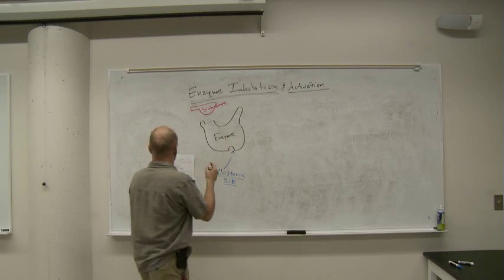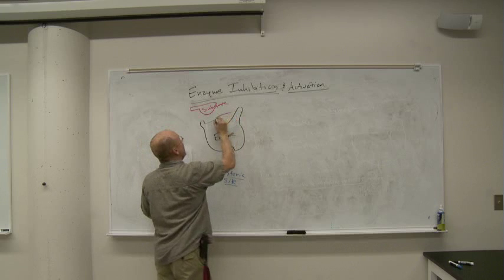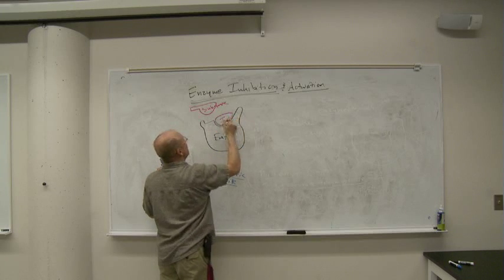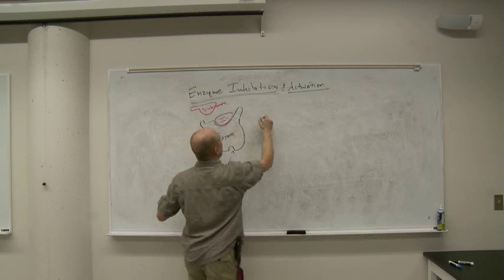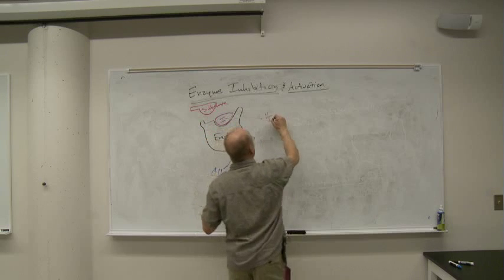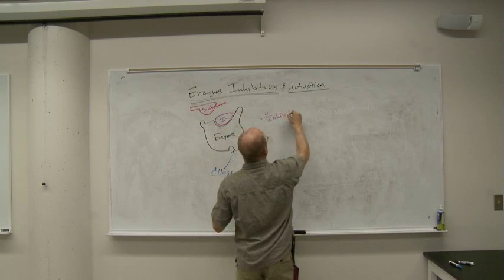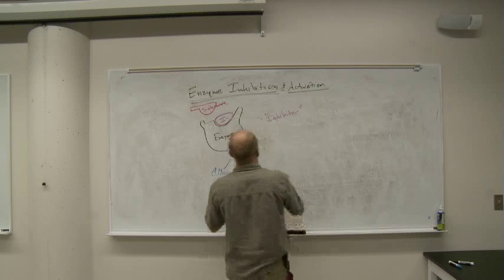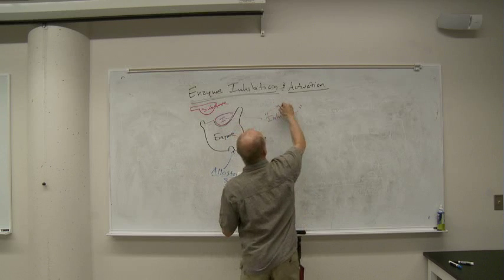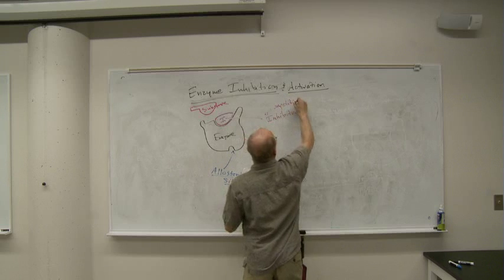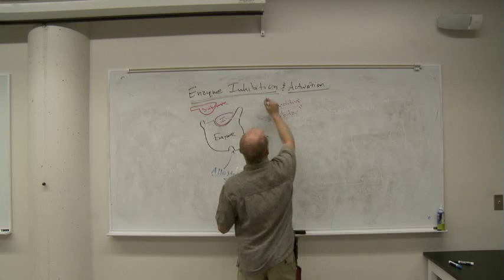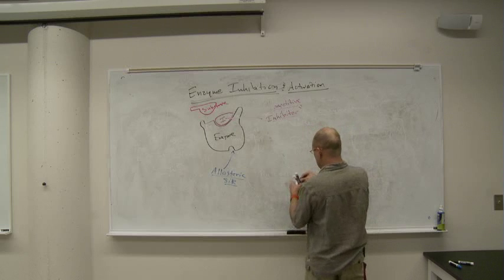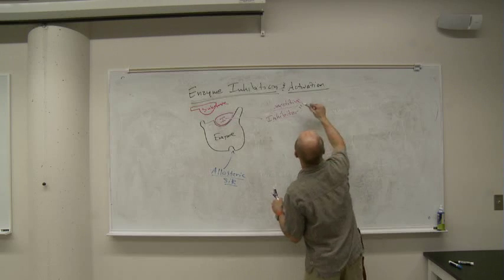Scenario 1 is that right here I've got something that has bonded to this thing. This thing is called the inhibitor. As a matter of fact, I'm going to give you the specific name. It's called the competitive inhibitor. So the competitive inhibitor binds to the active site. Very important to do that.